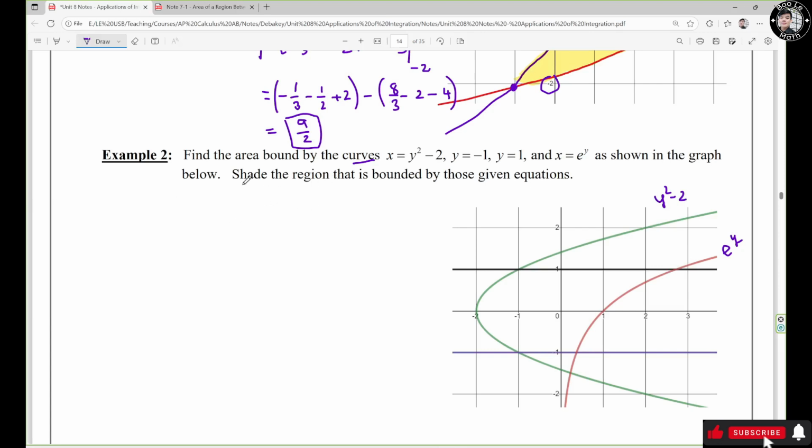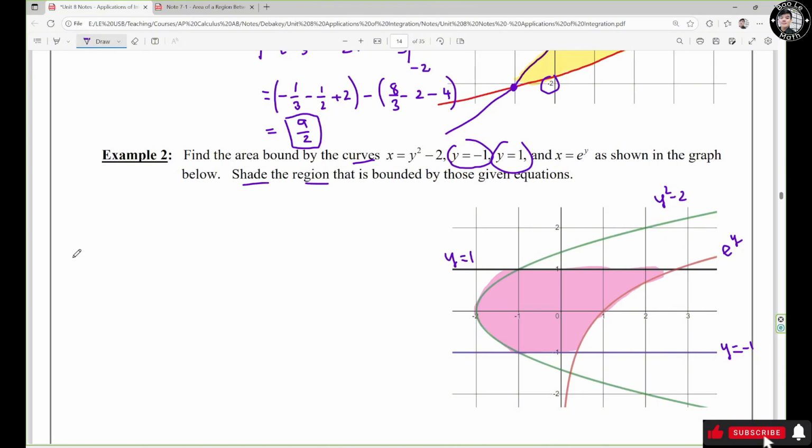Now, we need to shade the region bounded by those given equations. It should be this one right here, because you have y equals -1 right here and y equals 1 right here.